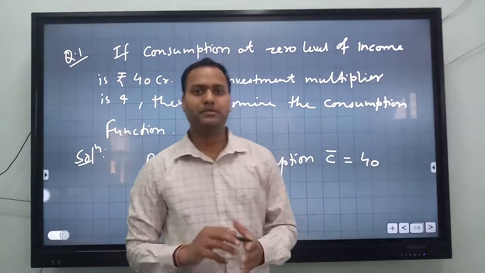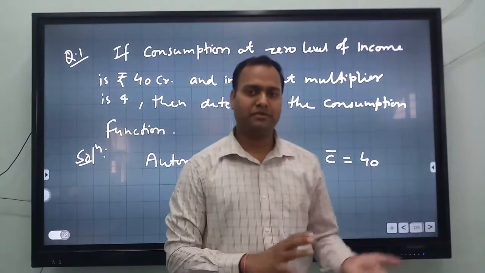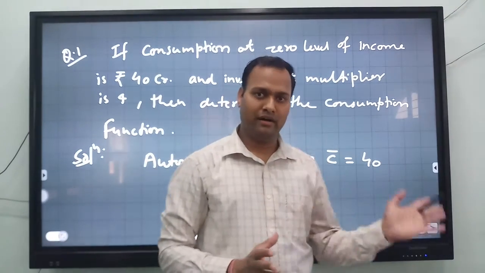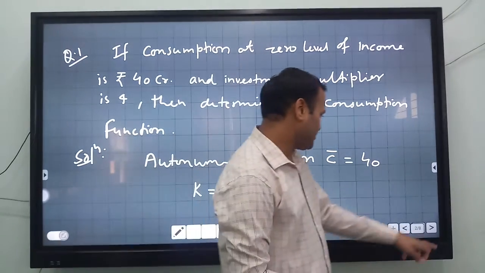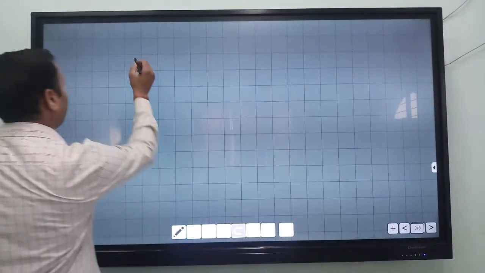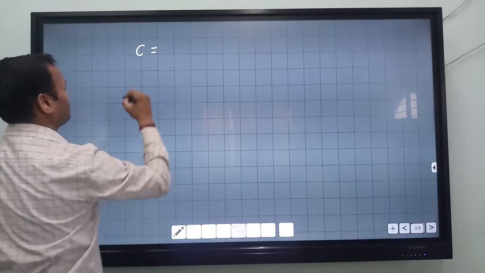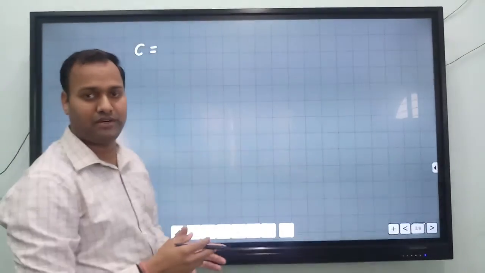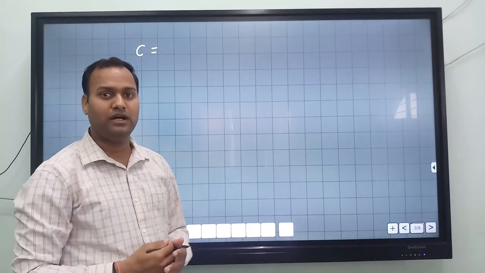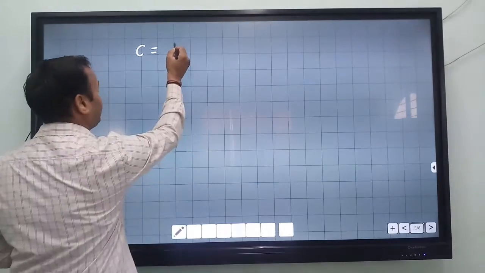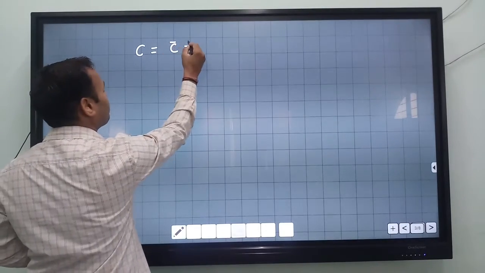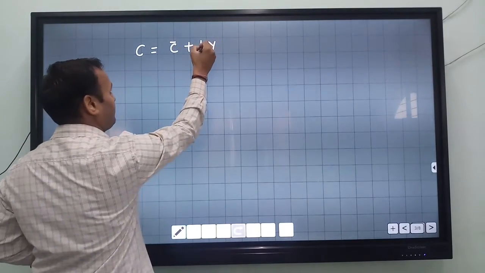Okay. So this is the next problem, with the consumption function and investment multiplier. Firstly we need to know about the consumption function. What is the formula of the consumption function, or what is the relation of consumption with income? That is C is equal to C bar plus BY.